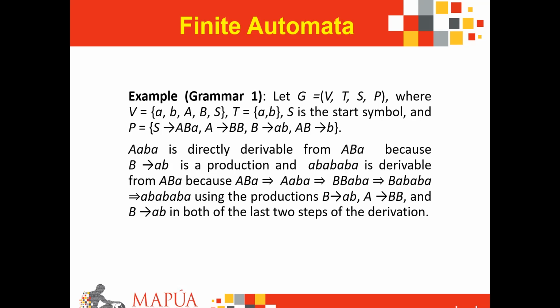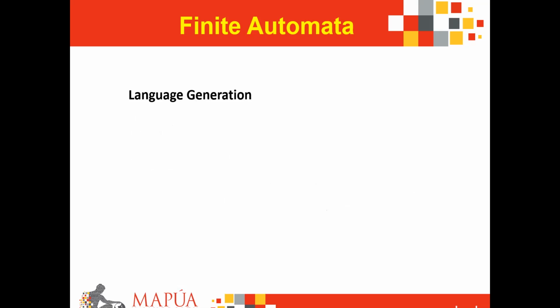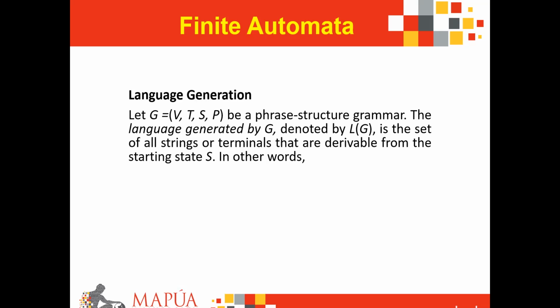So in both the last two steps of your corresponding derivation, you could actually create the remaining two respective strings of the language of your grammar. So when we perform language generation, remember, you are more particular with regard to syntax rather than semantics, which means that the strings you eventually create from your given language may actually mean gibberish.